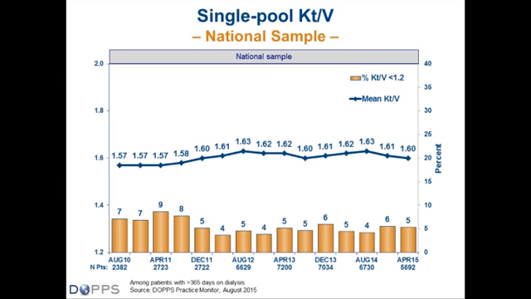However, the proportion of patients with KT/V less than 1.2 has declined from 7 to 9% down to 4 to 6% in April 2015. And again, this is currently a measure that's associated with reimbursement, so there's been some action on the part of facilities to try and reduce the number of patients with KT/V less than 1.2.